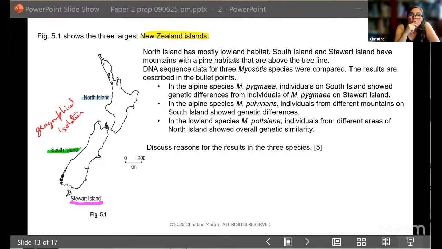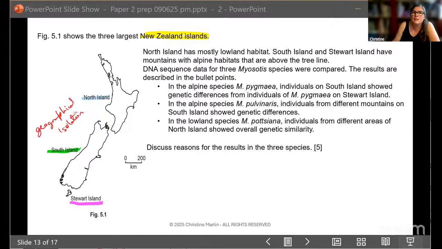So the fact that they are showing me geographical isolation, I have some form of isolating mechanism which has occurred because something's in the way, whether that be a mountain, whether that be a river, whether that be a sea. Geographically, these species have been isolated. So that's the first thing that I am keeping in my mind.